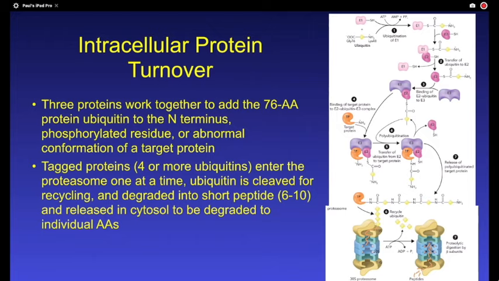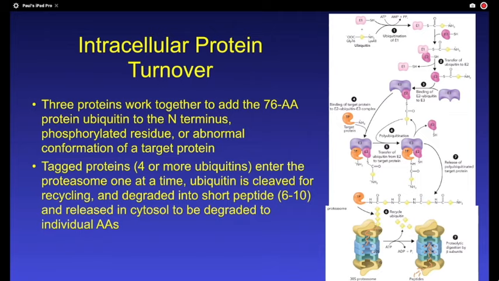So if you look at enzyme 1, the ubiquitin actually is activated by being covalently linked to a thiol, to a cysteine. It gets carried from enzyme 1 to enzyme 2, and it gets transferred to enzyme 2. Enzyme 2 binds to enzyme 3, which enzyme 3 and 2 create a unique binding site for all sorts of different proteins.